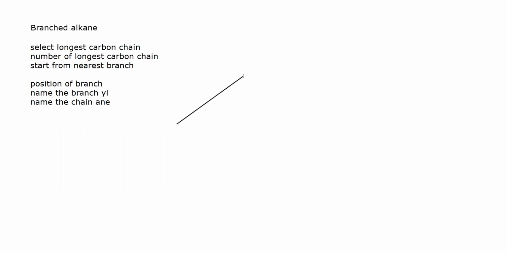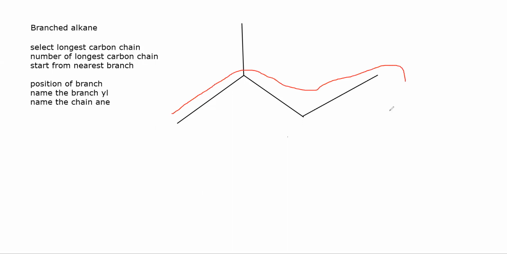So I'm drawing the skeletal formula because in the exam, mostly skeletal formulas are there when you're naming the structure. So this is a structure given to you. First select the longest carbon chain. That's the first thing. So if I select 1, 2, 3, 4, I can select this as my longest carbon chain.